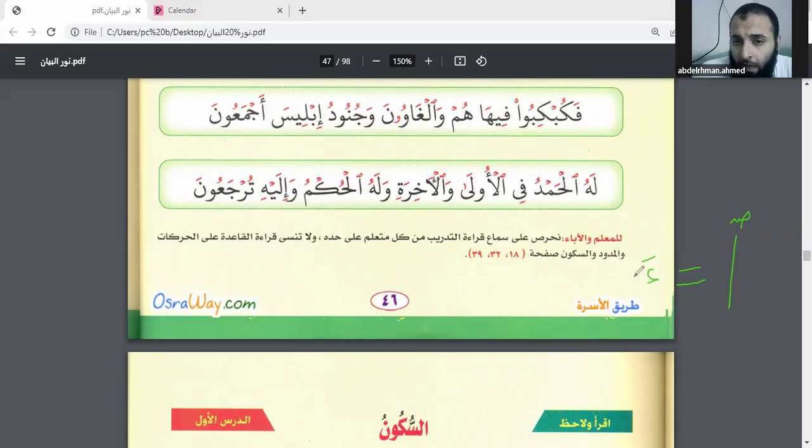If Hamzat al-Wasl or Alif Wasl is in the middle like this, we don't read it. We skip it. So like this word, huwa, we will say lahu, we will say lahul hamdu. Same here.